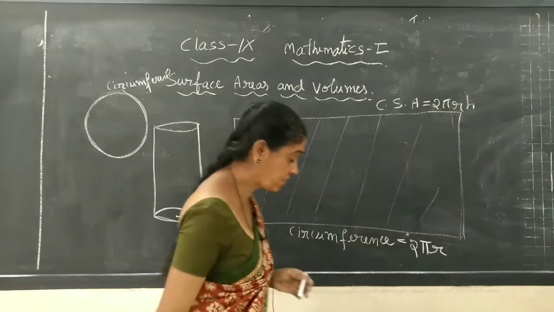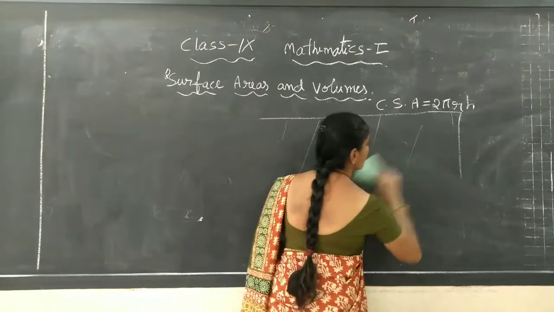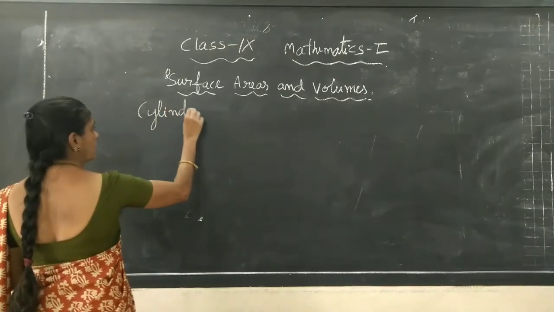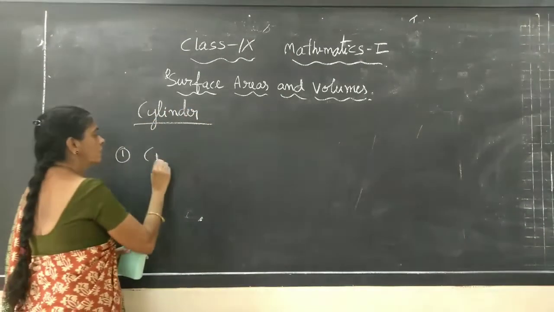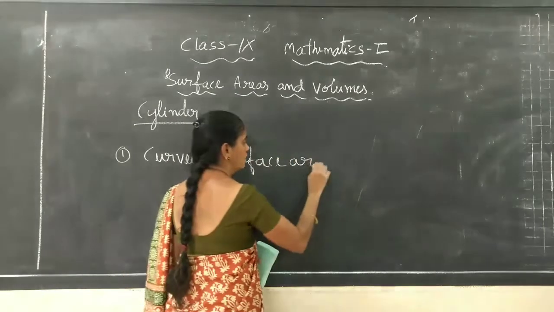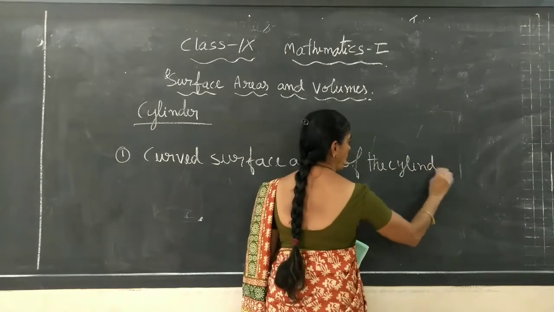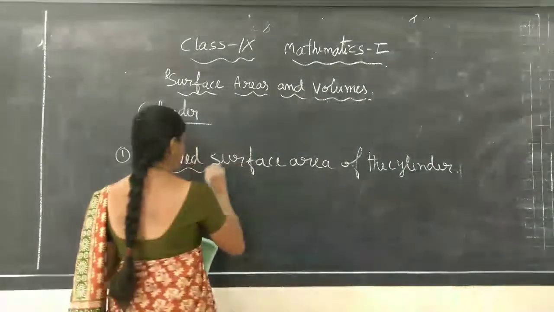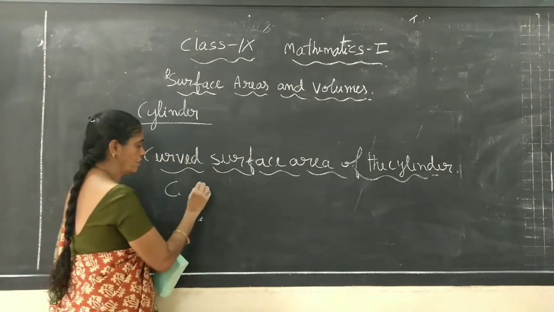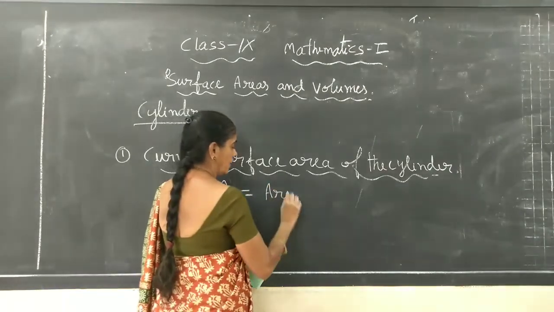I will write it once again. We are considering the solid figure, the cylinder. First, the curved surface area of the cylinder is equal to the area of the rectangle.